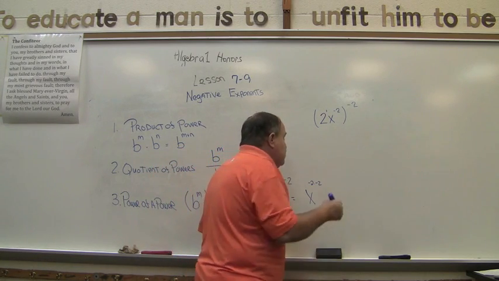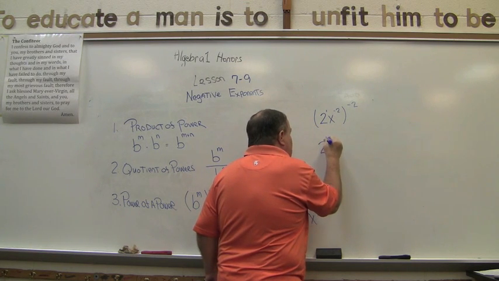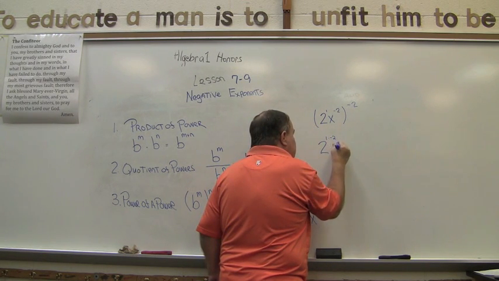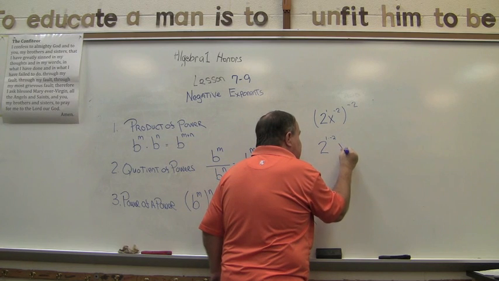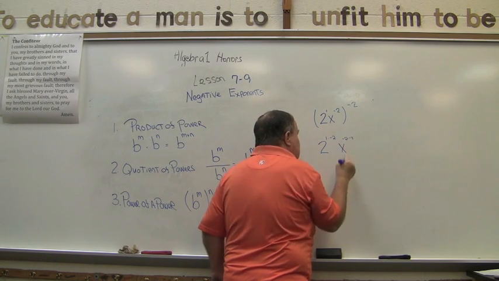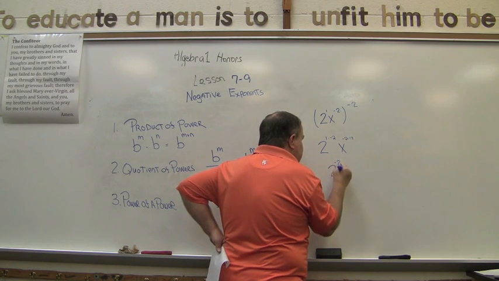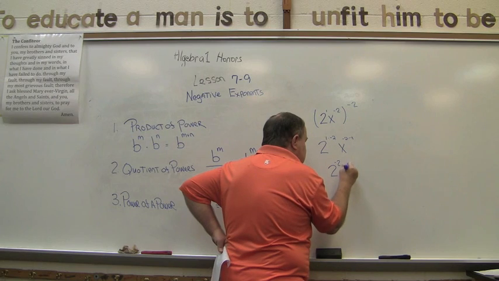So in this case, what I would do is I would say 2 times 1 times negative 2. That would be one of them. And the other one would be x times 2 times negative 2 times negative 2. And my answer would come out as 2 to the minus second x to the fourth.